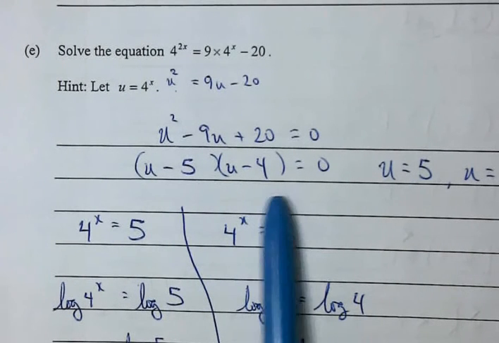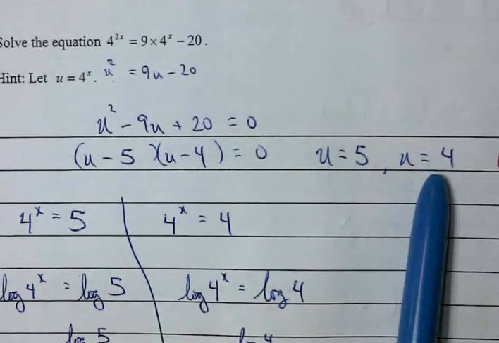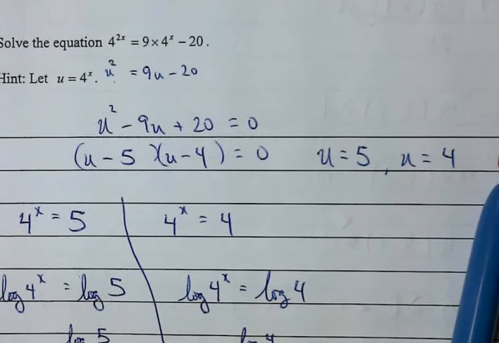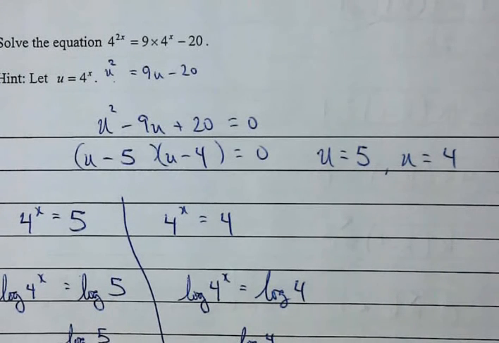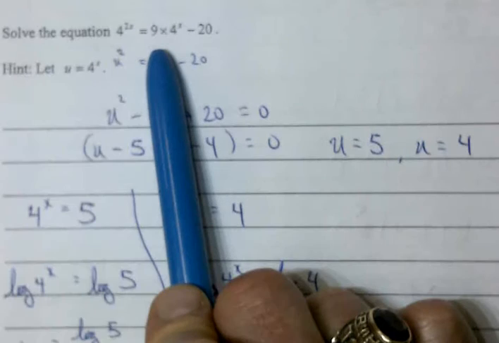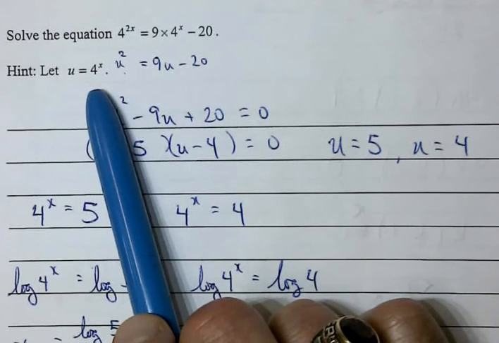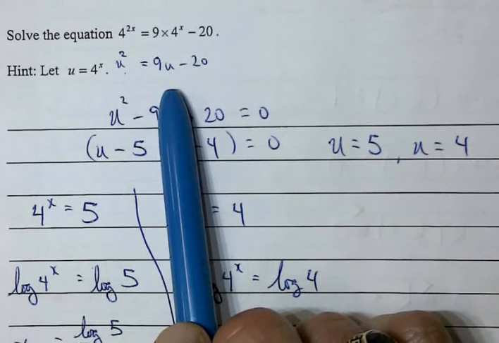Factorizing, u is 5, u equals 4. That'll get you a unistructural mark for u, because this is 9 times 4 to the x, and they told you to let u be 4 to the power x. So that gives me the 9u.